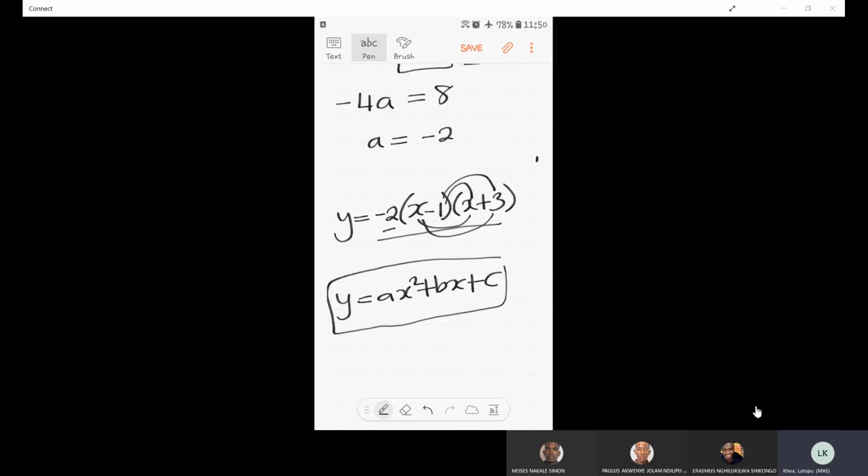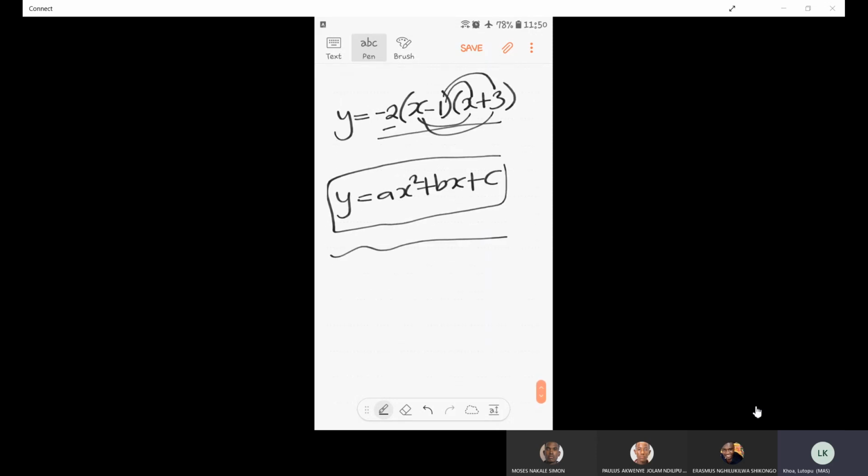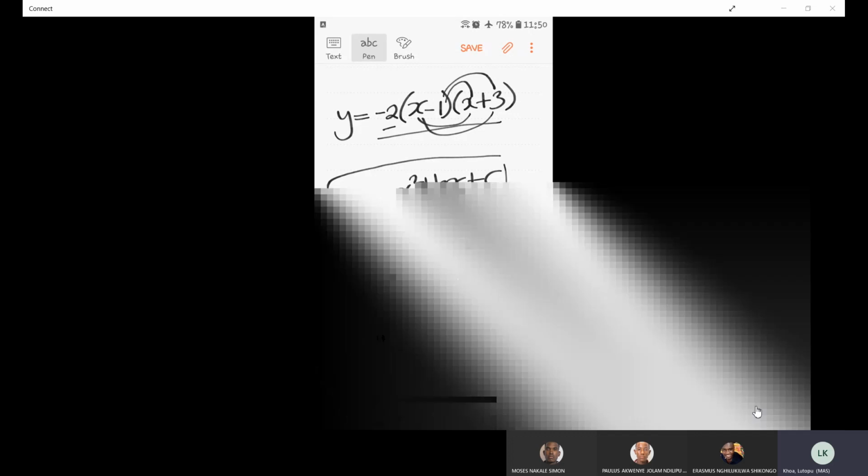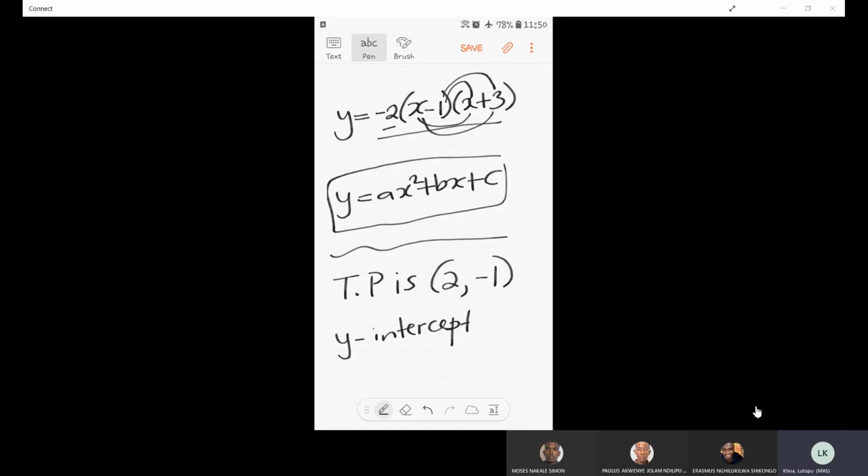Now you could also be given the turning point. So let's say we are told that the turning point is 2 and minus 1. And then we have y-intercept equal to 3.